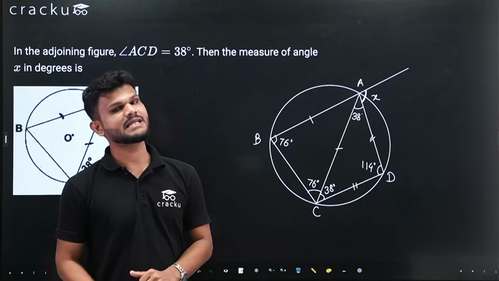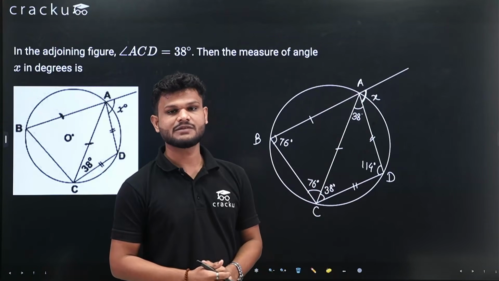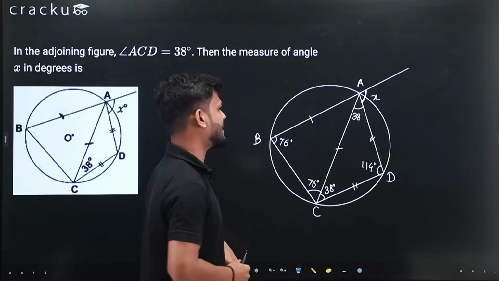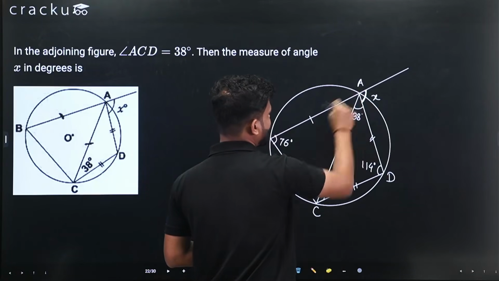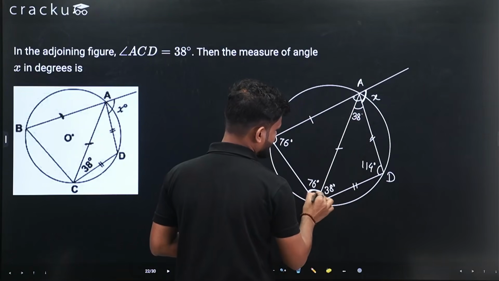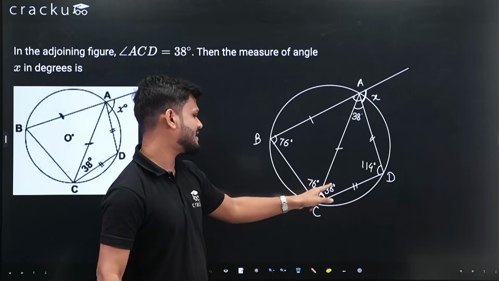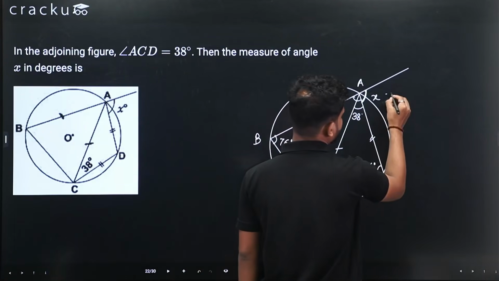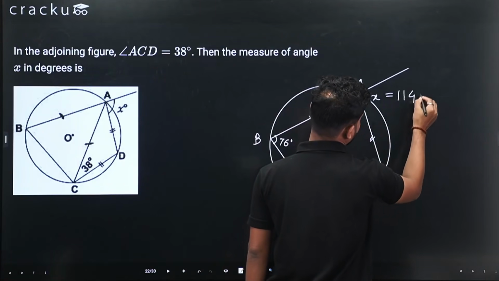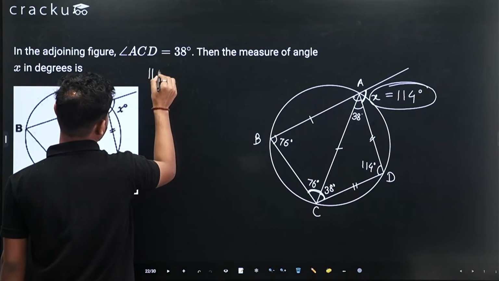And the property of a cyclic quadrilateral is that the exterior angle is equal to the opposite interior angle. What is the opposite interior angle to this A? Opposite interior angle is this one. So this x will be equal to angle C. Angle C is 76 plus 38, which is equal to 114 degrees. So the answer to this question will be 114.